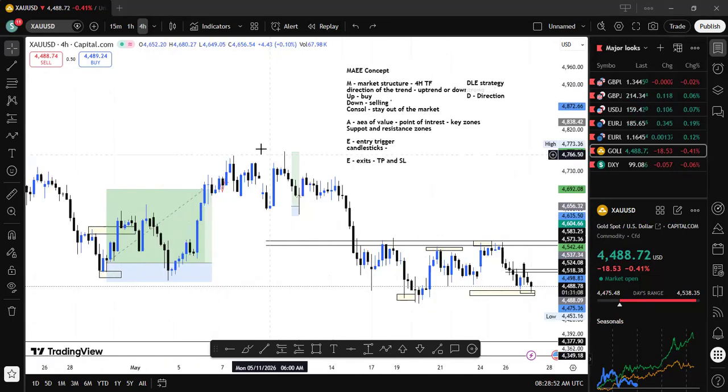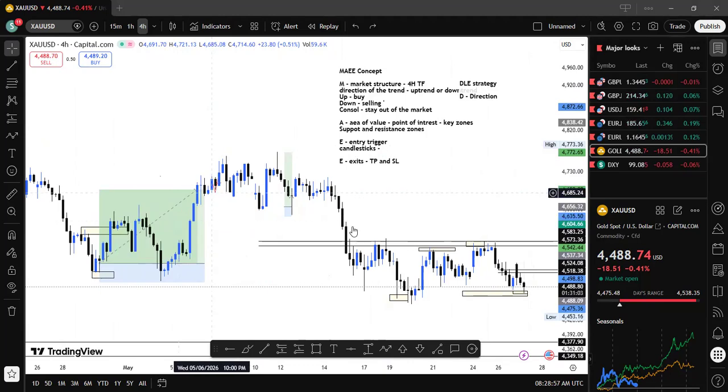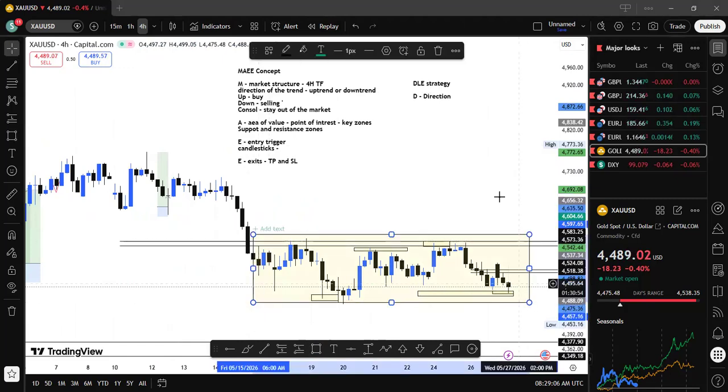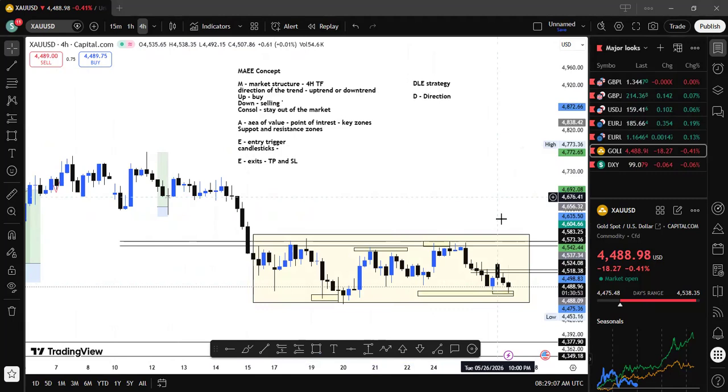All right, so we are seeing here from the higher time frame that here was an uptrend, more or less like a downtrend. But at this point, the price is currently consolidating because it's stuck within these highs and lows on the higher time frame.